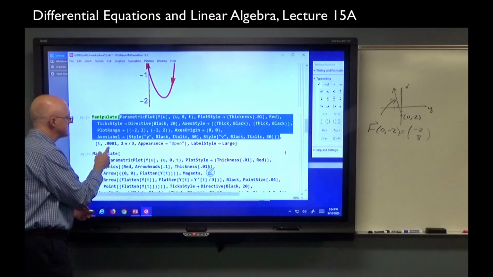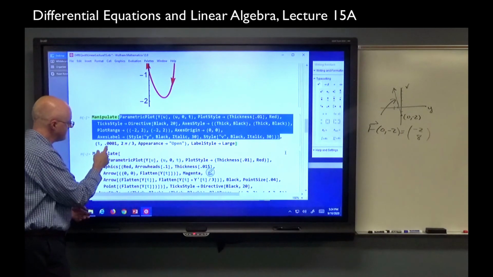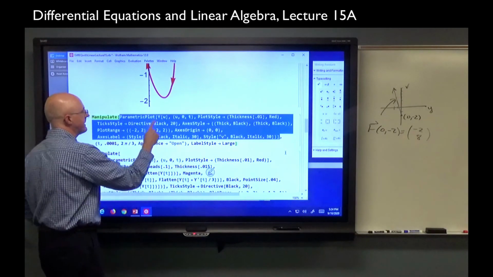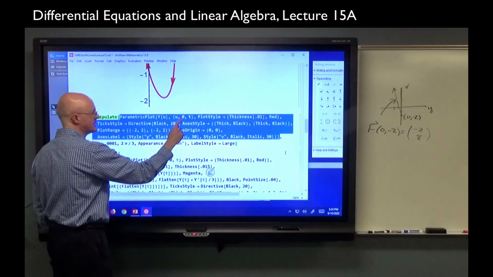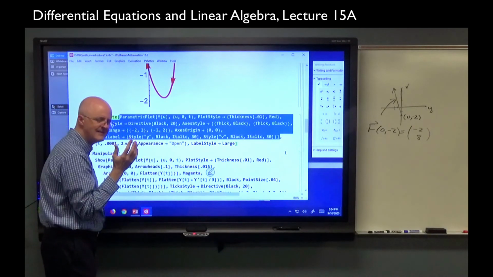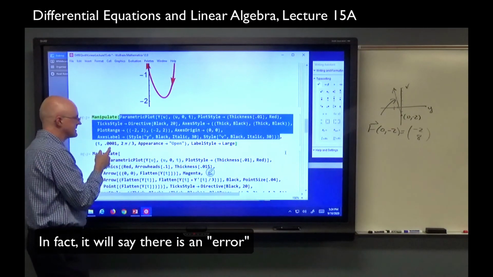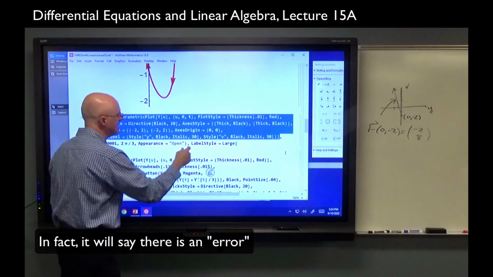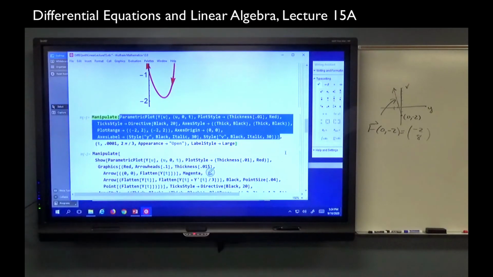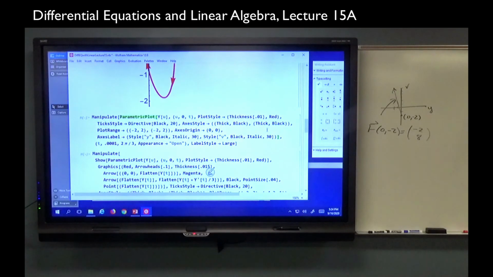I'm going from essentially 0 to 2 pi over 3. I put a number slightly bigger than 0 there because in the parametric plot, whose variable I'm calling u, it starts at 0. So if I put a 0 there and a 0 there, it won't plot anything. So I need to put something slightly bigger than 0 right there. This AppearanceElements option just helps me see what t is. The LabelStyle Large just makes t bigger in the animation.